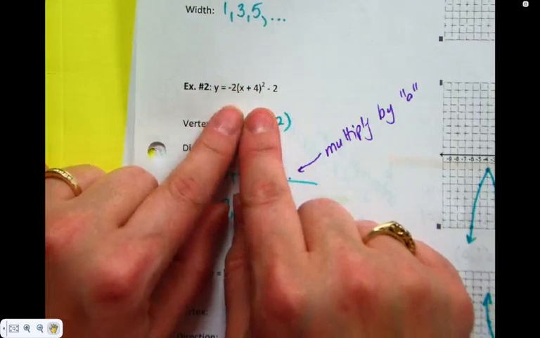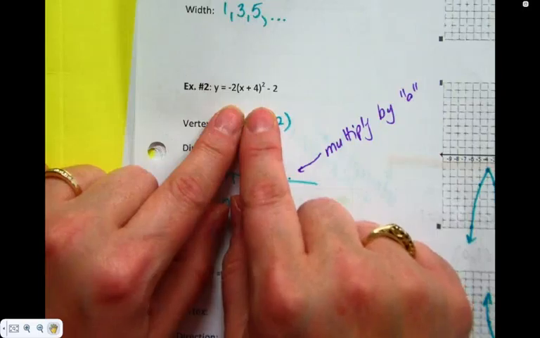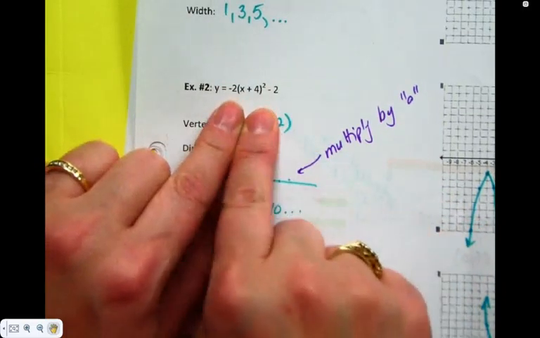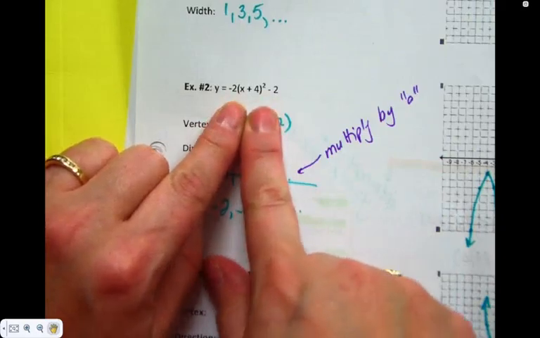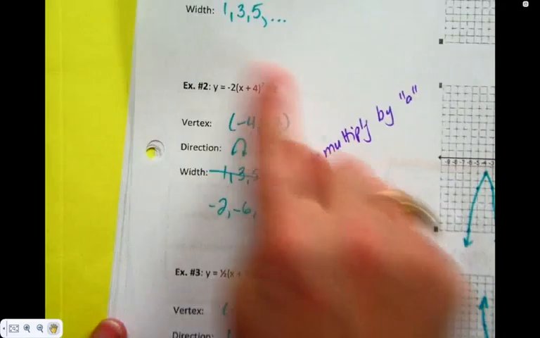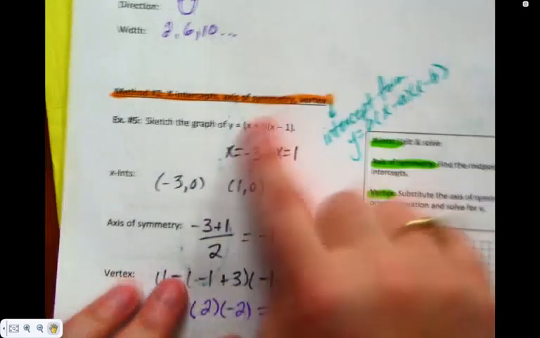You'd have to FOIL it out and then factor it, or you can just solve this using the square root method. It would be completely your choice. The problem is there's way more work than just stating the vertex, the direction, and the width. That's why we tend to use method 1 when they look like this, and we tend to use method 2 when they look like the 2 binomials together. Yeah, let's do another one.